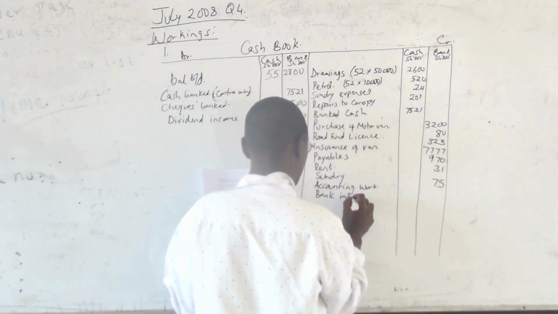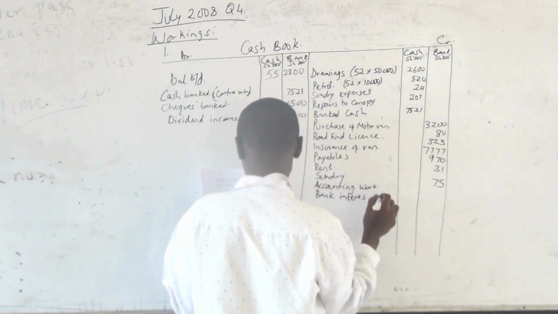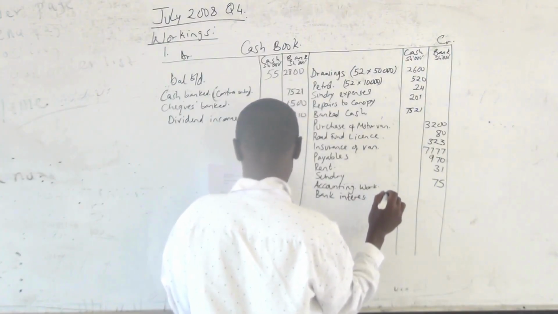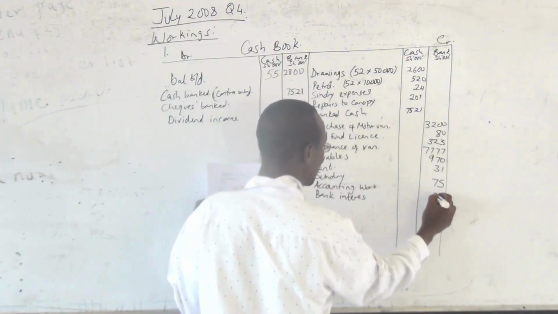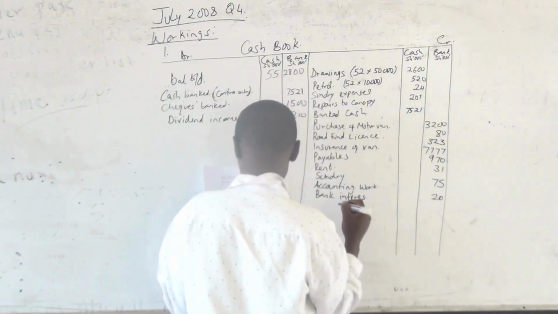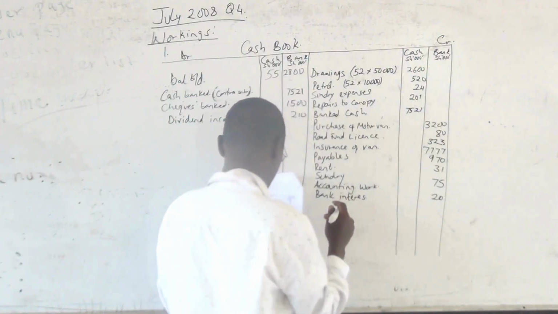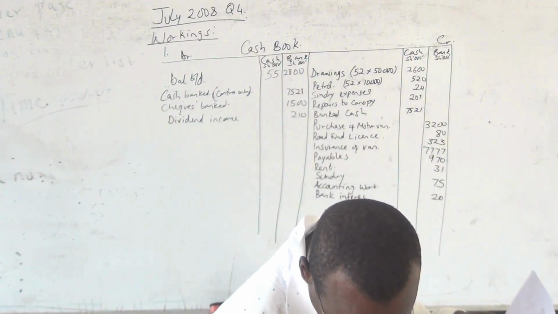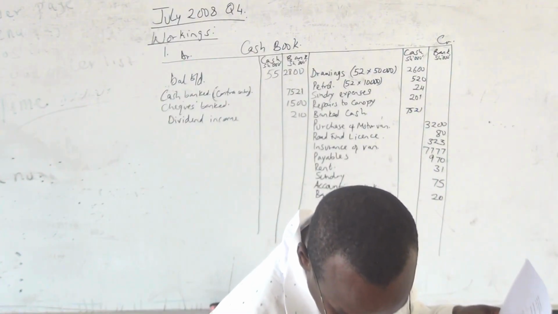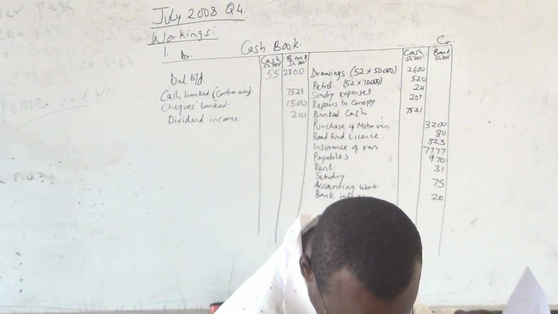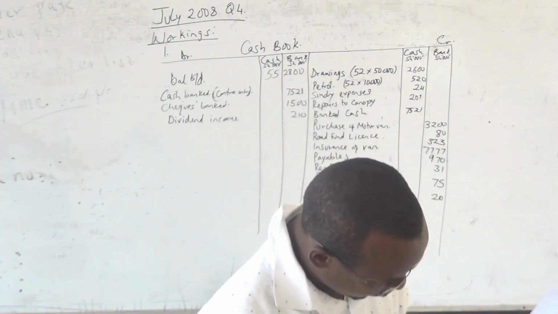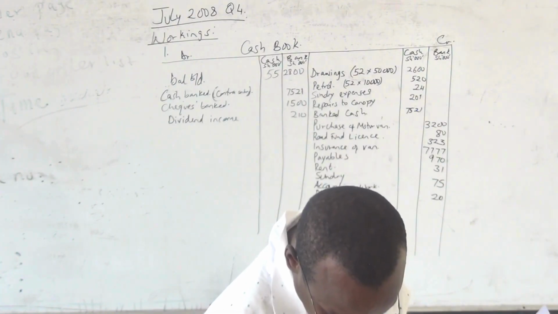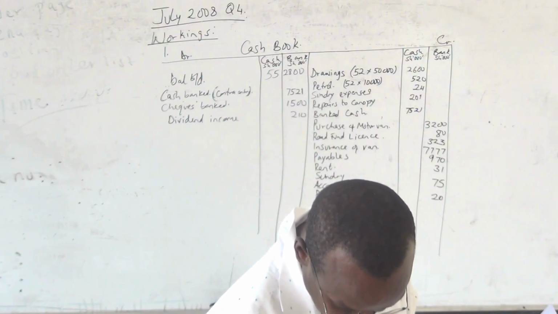Below, you can see a note on bank interest, which was 20. Then there is bank overdraft interest, 20. Then interest amounting to 27 on bank overdraft for 6 months ended 31st March was debited in the bank statement.